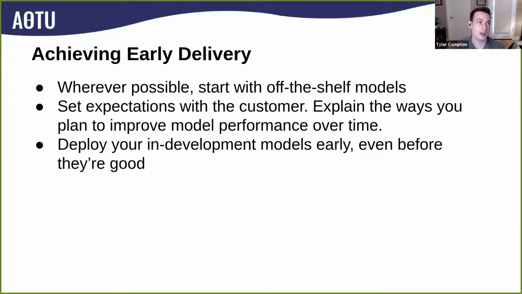They're not going to be good enough for production. They almost never are. You're going to have to do some training. But being able to engage with your customers early with models that already exist is huge. This isn't always possible, but for person detection, vehicle detection, and a lot of other stuff you might not expect, people have already done the work for you.